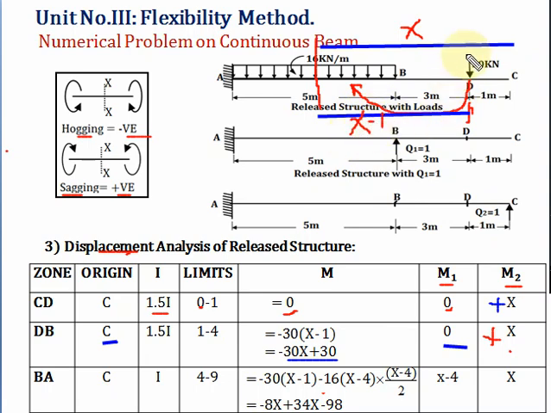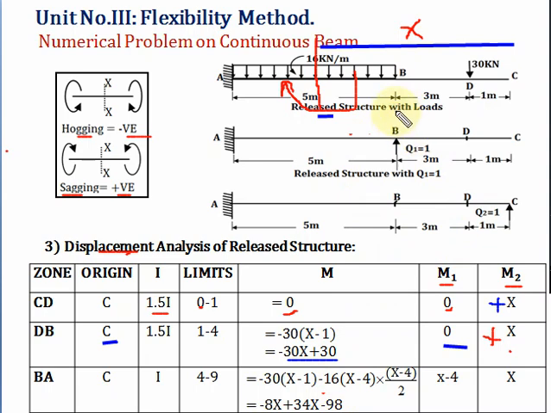So the bending moment will be minus 30 into x minus 1, where the force is 30 and the distance is x minus 1. The next force is this UDL. The nature of bending moment will be like this. Again, the nature is hogging, so minus. The intensity of force is 16, so minus 16.